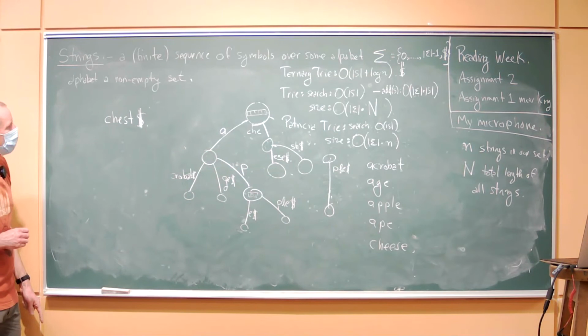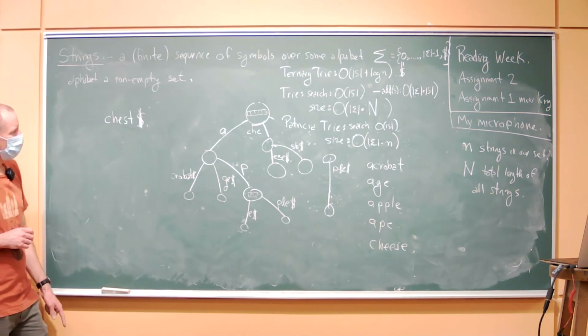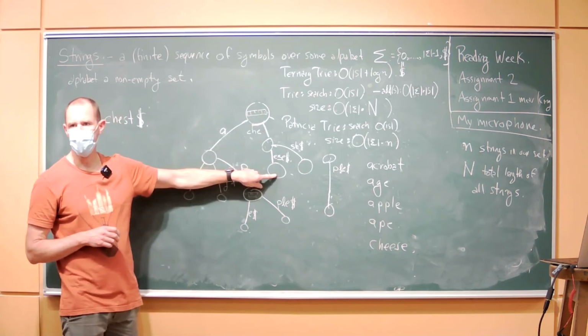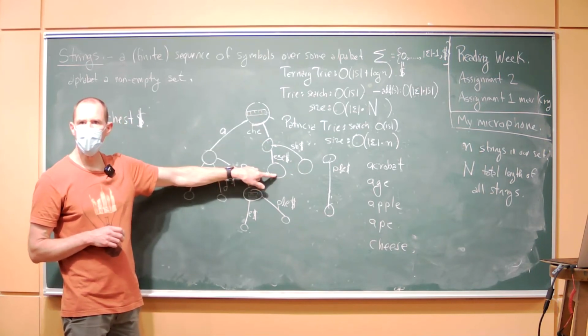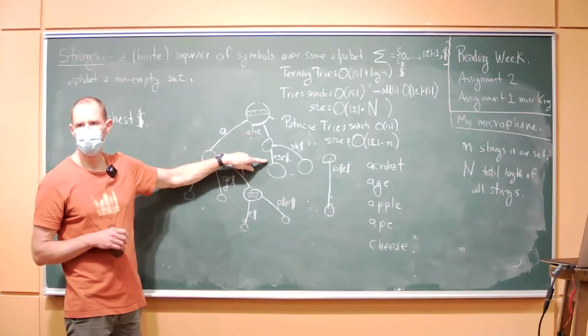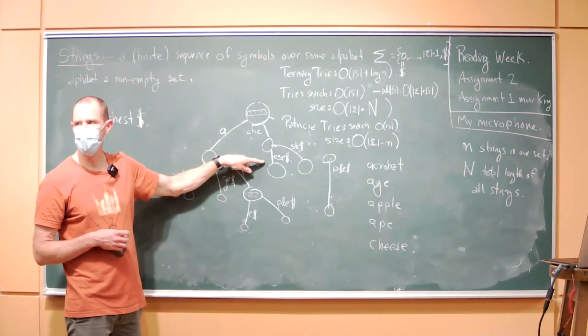And that all sounds good. How long does all of this take? Well, what are the operations we need to do? We had an edge with this long label on it, and we needed to split it into two edges with these other labels. These other labels are just substrings of the original label.